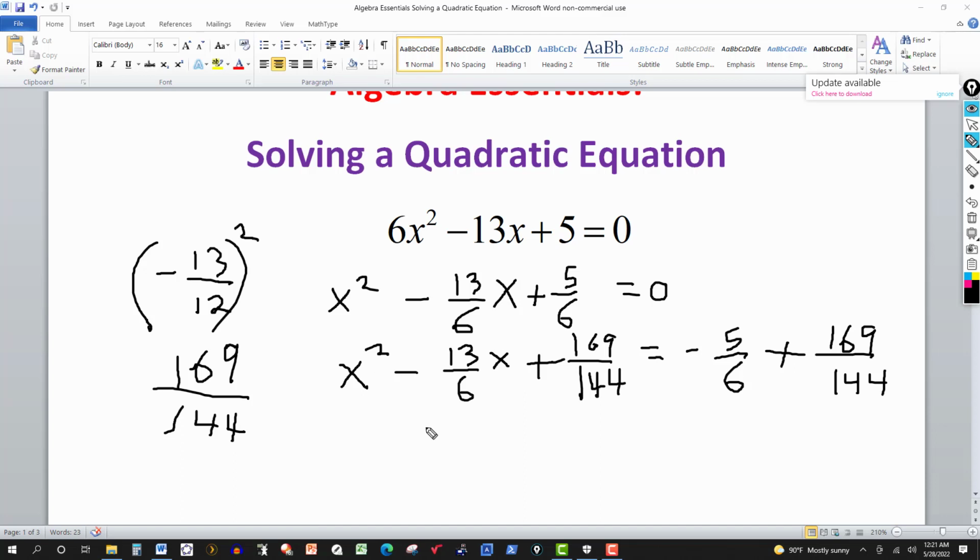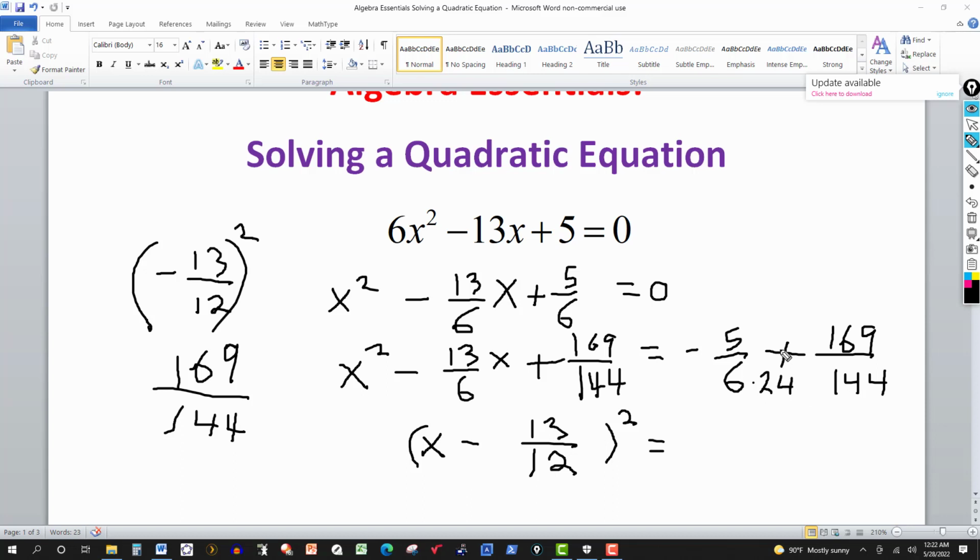So this is a perfect square. All we have to do here is just put a square here. Take the square root of the first term, that's an x. Whatever this sign is, that's a minus. Take the square root of the last term, that's 13 over 12. Now on the right side, we want to add these, so we want the same denominator. So I multiply 6 by 24.